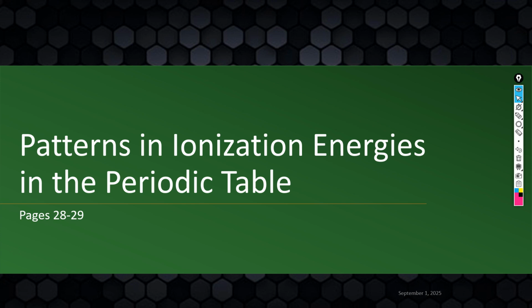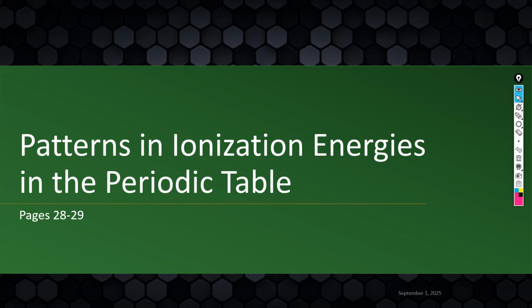Now, before we get into this, I want you to understand that it's not just ionization energy that is affected by the factors we're going to discuss in this section, but really anything having to do with the atom. Ionization energy, atom size, ionic size, electronegativity, electron affinity, all of those different properties of the atom can all be explained by the same basic principles that ionization energy can.